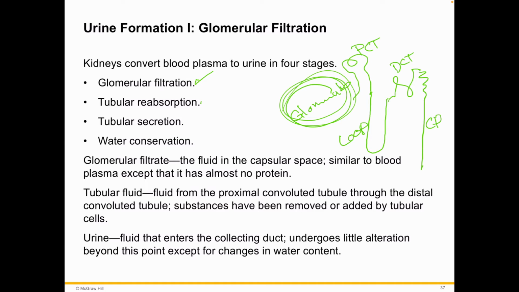So we'll take back the items that we want into the bloodstream. We're going to remove a few additional things that we might not have gotten out in the glomerulus, and then we're also going to balance out the water, right? Mostly it's water that is conserved back into the blood supply. So the glomerular filtrate is the fluid in the capsular space, right?